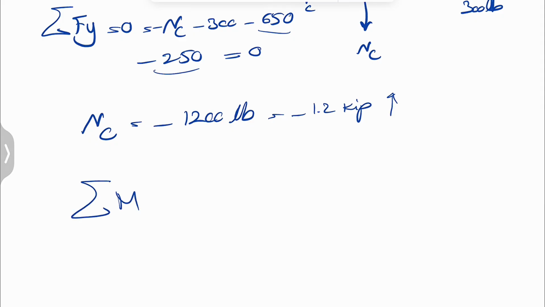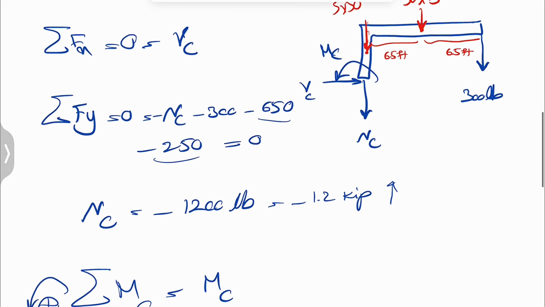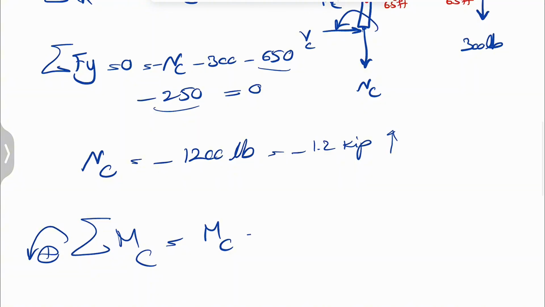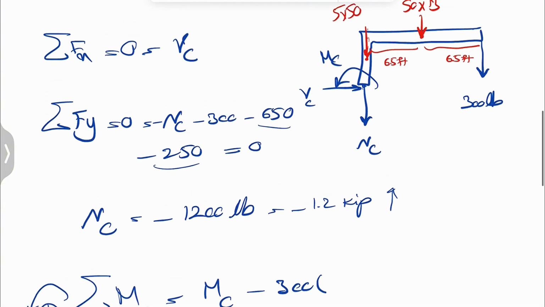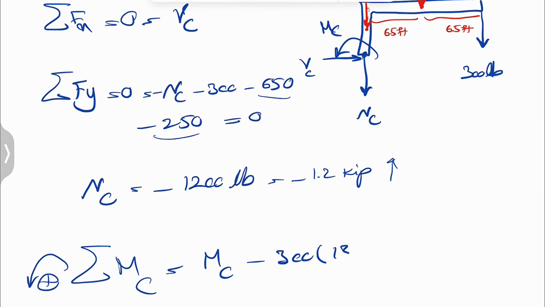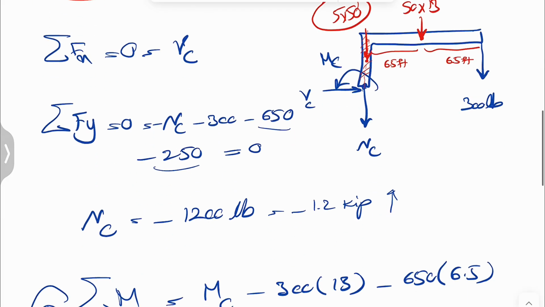And let's do our moment about C. So we have our MC, which is positive because we assume it's clockwise. We have the moment of the 300 pounds, which is clockwise, so negative 300 times the distance from the center to the end of the beam, which is 13. We have the weight of the beam, 650 times 6.5. And the weight on the vertical part of the beam, because it passes through the point C, is not going to make any moment.